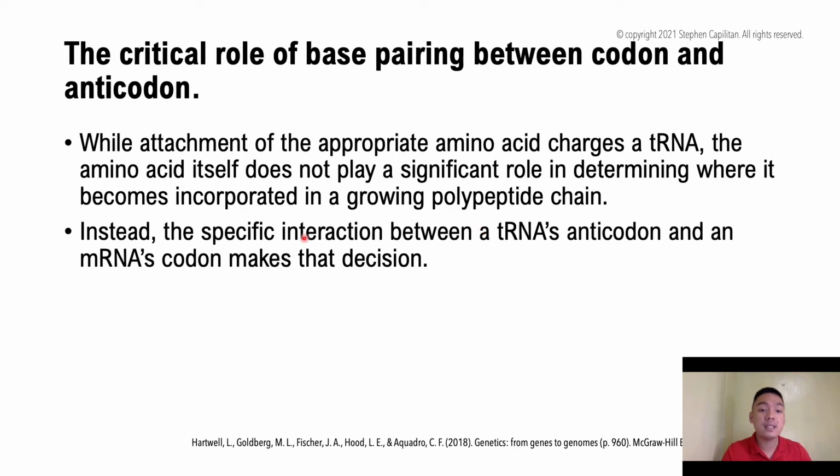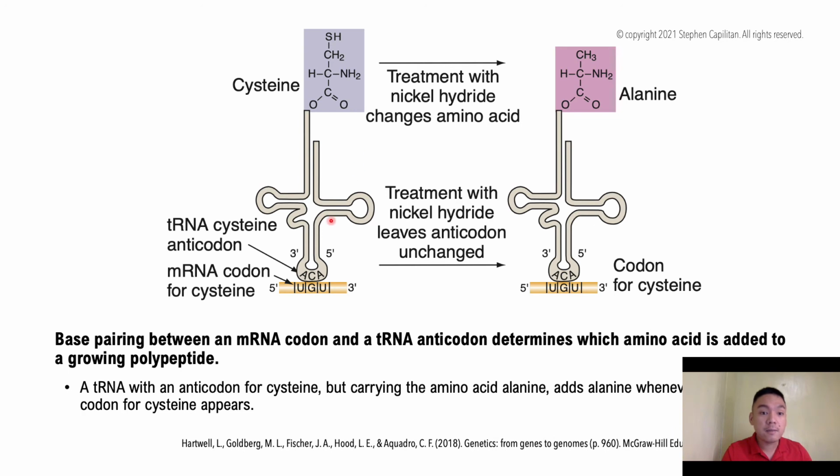Instead, it's the specific interaction between the tRNA's anticodon and mRNA's codon that makes that decision. So you'll see here a base pair between an mRNA codon and a tRNA anticodon, which determines the amino acid which is added to a growing polypeptide.